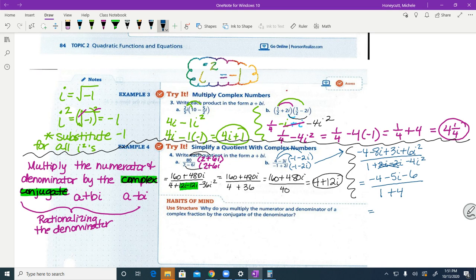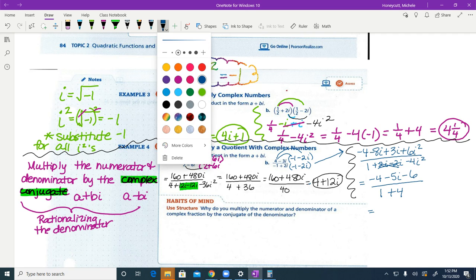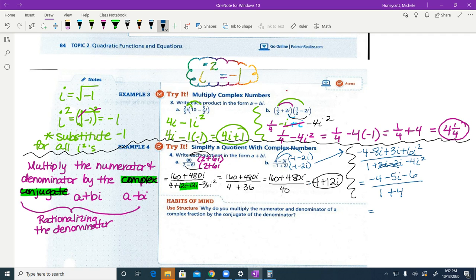Negative 4 minus 6 is negative 10. Minus 5i over 5. Divide everything by 5. I get negative 2 minus i. So that is for B.